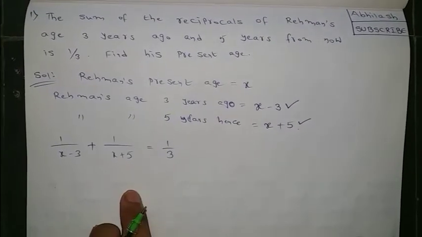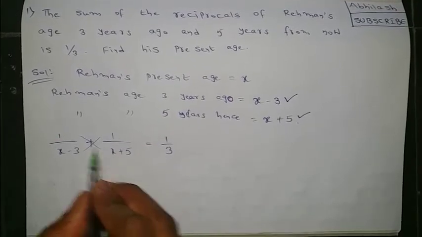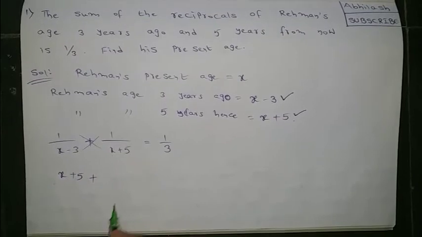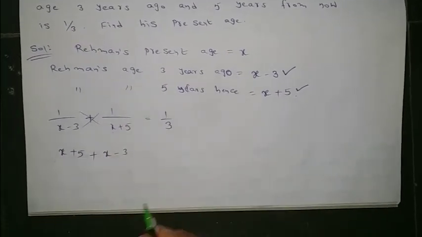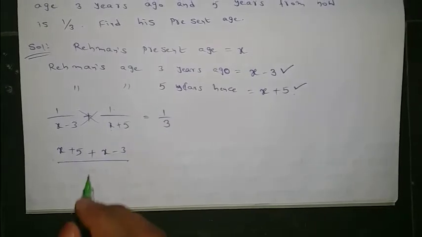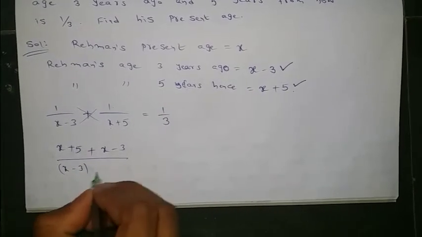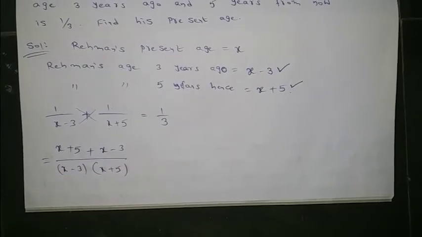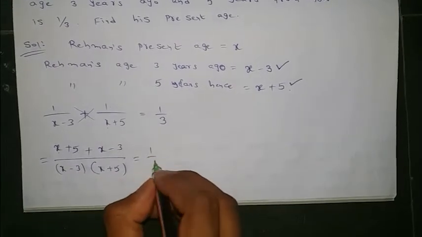Now to solve this equation, I will do cross multiplication: (x plus 5) into 1 plus 1 into (x minus 3), whole divided by the multiplication of the denominators, that is (x minus 3) into (x plus 5), equals 1 by 3.